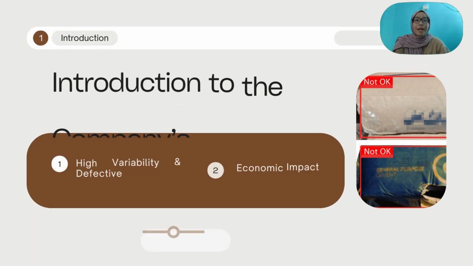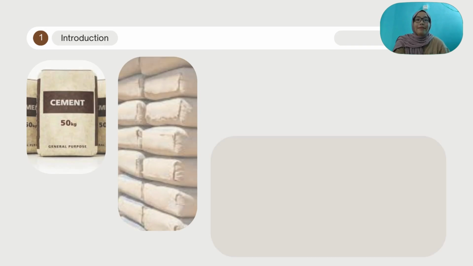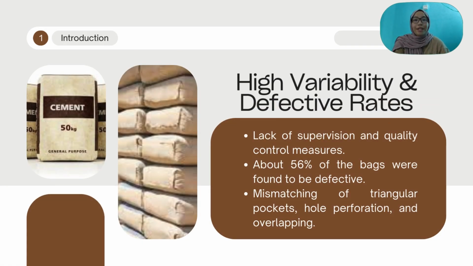The introduction part consists of two parts which describe the company's problem. The first problem is the high variability and defective rates, and the second problem is the economic impact towards the company. The high variability and defective rates are because there is a lack of supervision and quality control measures, leading to increased variability in the production process.